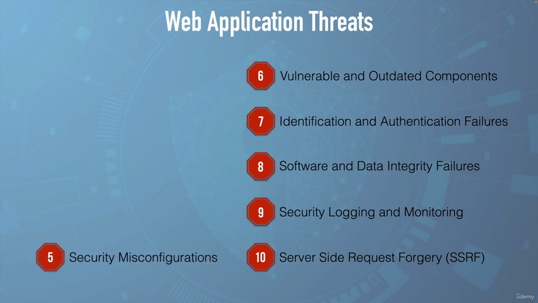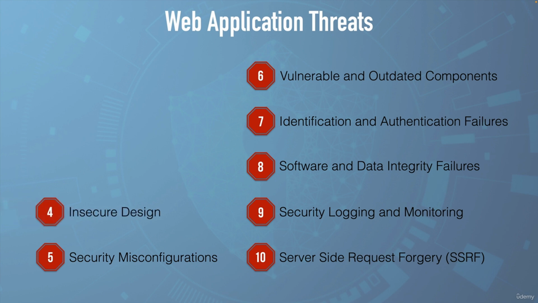Number 5, we have security misconfigurations. This includes unnecessarily available ports and services, default user accounts left in place, improperly configured account privileges, and more. Now, these aren't specific to web applications. We want proper security configurations throughout our entire network, but this is definitely a threat to web applications.